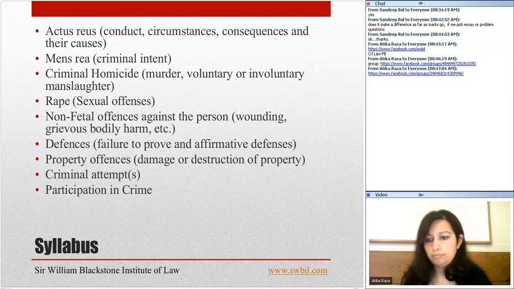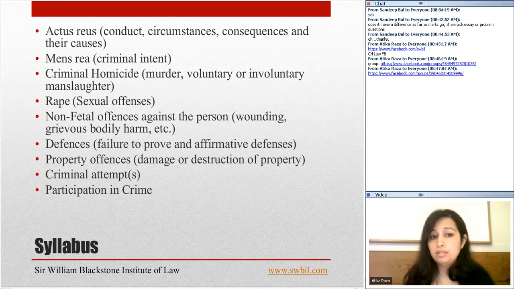We are going to be going through all these topics in detail throughout the course. Just for an overview, we're going to read about actus reus, which is your conduct. We're going to be talking about mens rea, which is your criminal intent. We're going to be covering the major offenses like criminal homicide and its degrees, and sexual offenses such as rape.